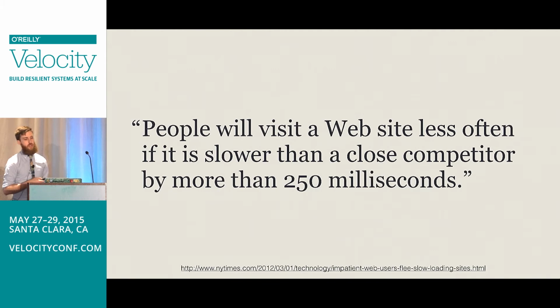There's an article in the New York Times from, I believe, a Google developer, stating that people visit a website less often and slower than a close competitor by more than 250 milliseconds. So it's important to note that this 200 millisecond delay on facebook.com is an additional delay just for the web font.